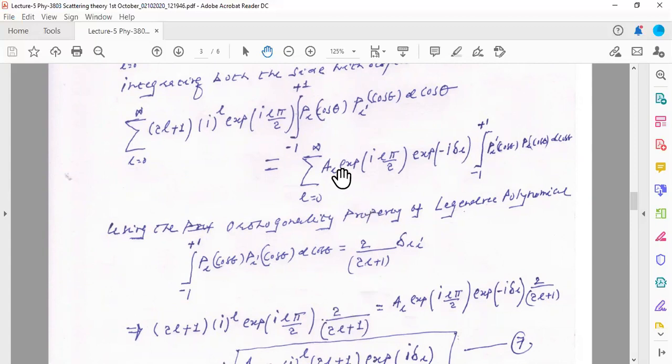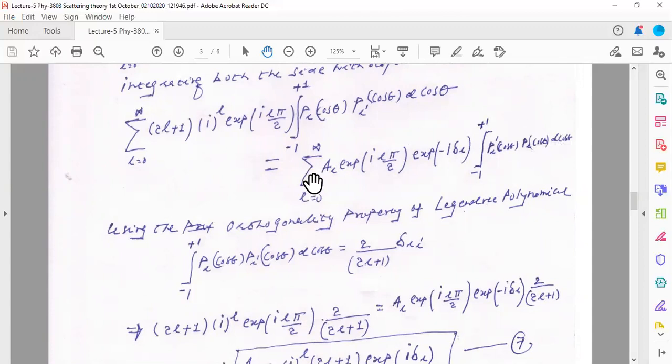Similarly, here A_l exponential of i l pi by 2 exponential of minus i delta_l, and this integration gives you 2 upon (2l+1), because this is a sum over l equal to 0. For l equal to 0, this term disappears. For l equal to 1, this term disappears. For l equal to 3, this term disappears. For l equal to 4, this term disappears, because the integration is 0.